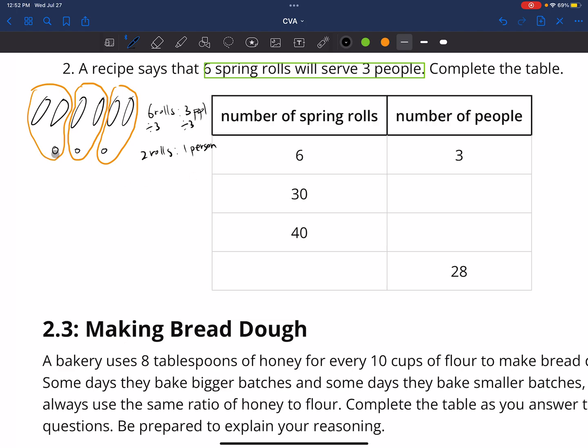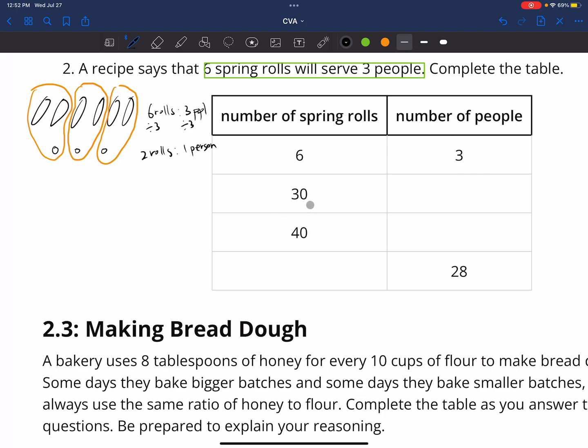If you take a look, 1 person represents 2 rolls, and so I just divided this into groups of 3, right? I divided 3 people into 3 groups, and then I divided 6 rolls into 3 groups as well. And so obviously 6 spring rolls is equal to 3 people.